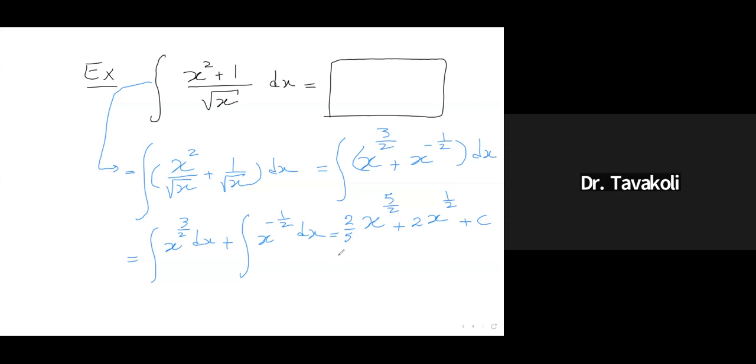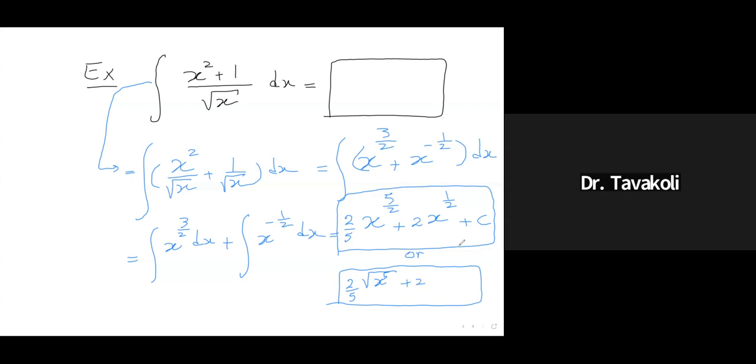This is a valid answer, so I can stop here. Or you might use radicals to show the function. That's also acceptable. So this, or I can write this as, again, using algebra. X to the power of 5/2 is the same as radical x to the power of 5.